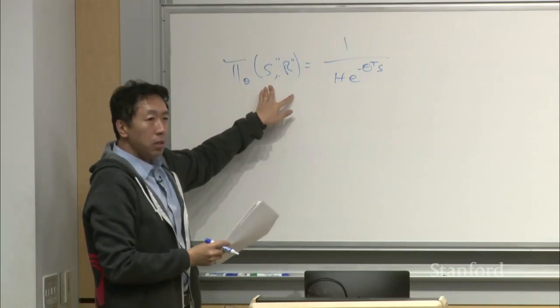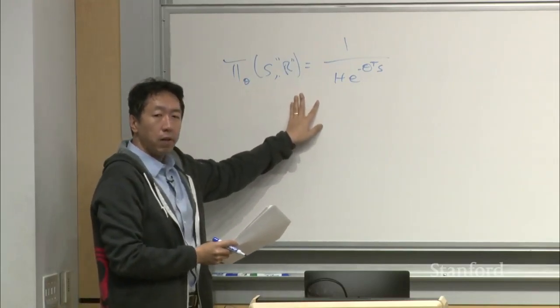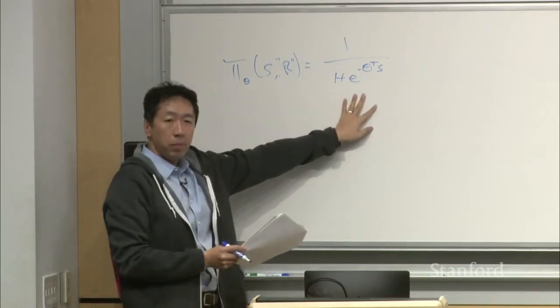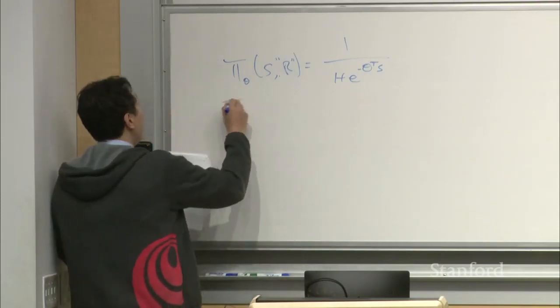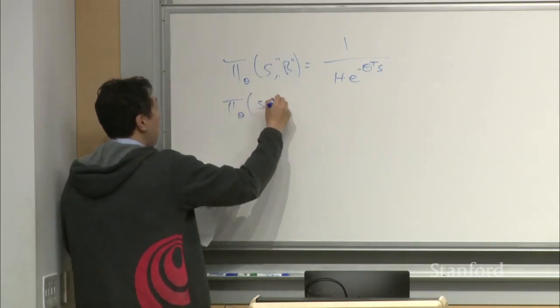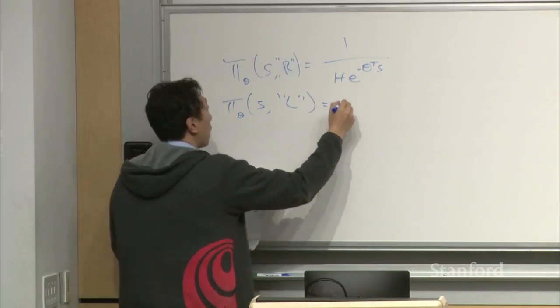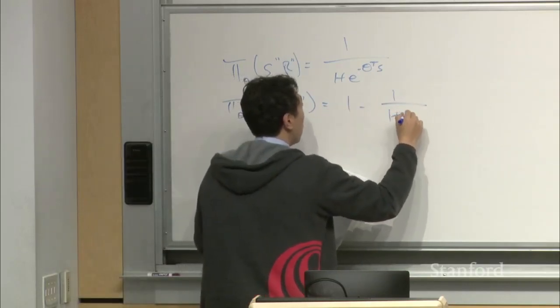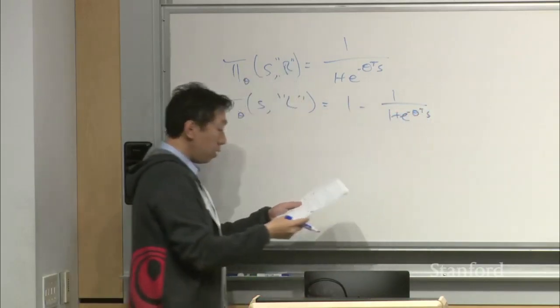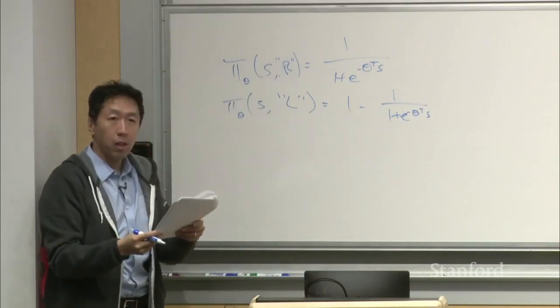In a state S, the chance that you take the accelerate right action is given by this sigmoid function. And the chance that in a state S, you take the accelerate left action is given by that. Okay?